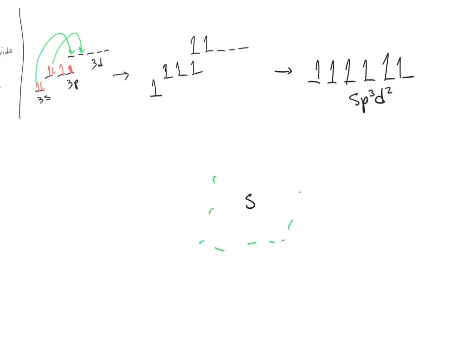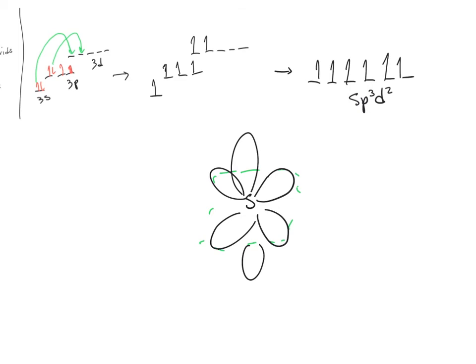The next step is to draw the square. Then put your hybrids there, one above, one below, and then they're going to be bonded to, I think it's fluorines again, yeah, fluorines.